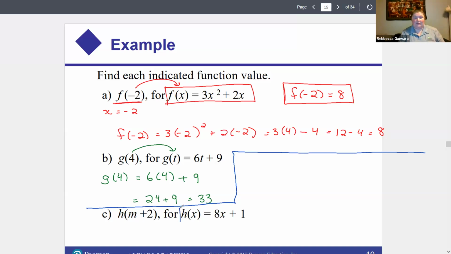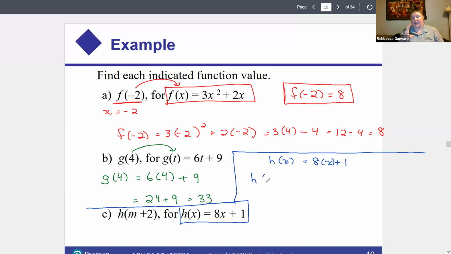We know h of x is going to be 8x plus 1. I'm just putting parentheses around that x because that's what's going to get replaced. It's probably the best way to do it, to always write parentheses around that variable that you're changing.